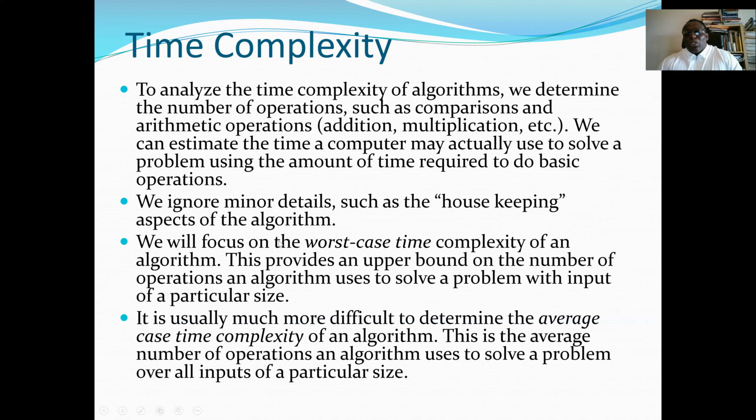And we will focus on the worst case. Now, worst case time complexity means, for example, if I'm doing searching, the worst case would be my search key is at the end of the list, or my search key is not even in the list. Because if my search key is not in the list, it means I have to do all the comparisons to the end.